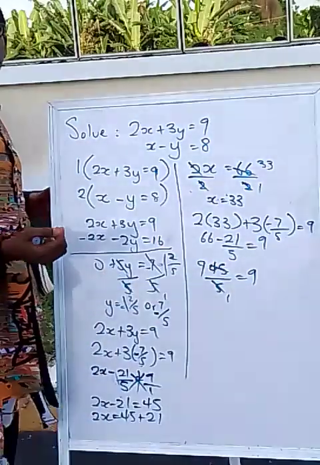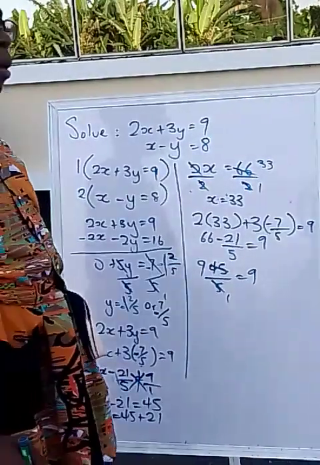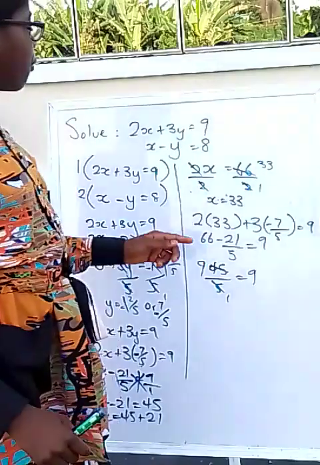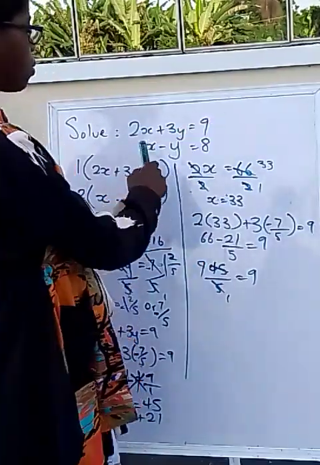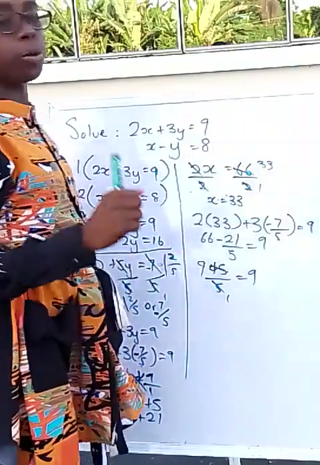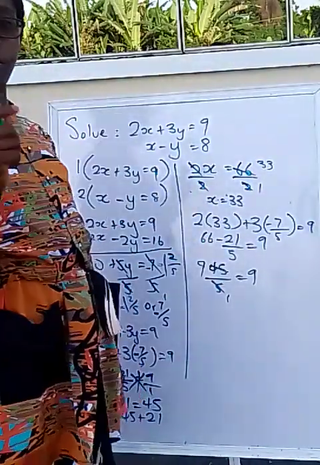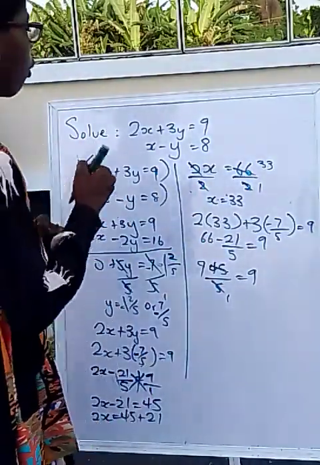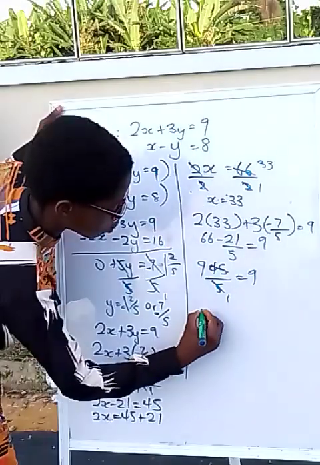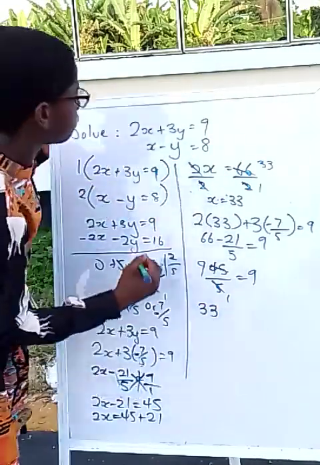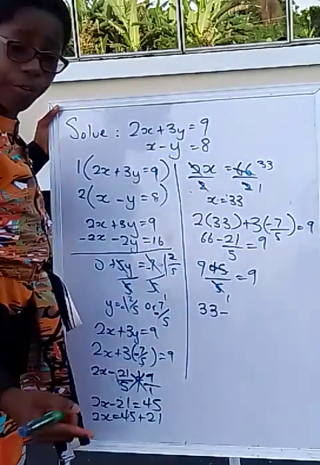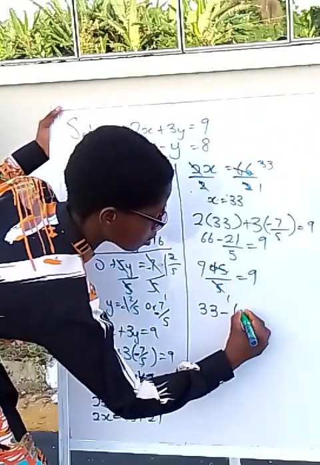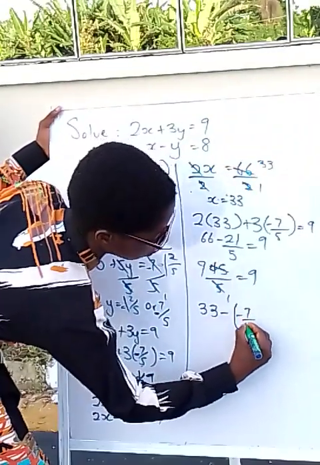Now we have substituted the values of x and y in equation 1. Now let's substitute the values in equation 2 to make sure our answers are very, very correct. So our x is 33. So we have 33 minus our y, which is minus 7 over 5. So you can put it in brackets, minus 7 over 5 equals 8.